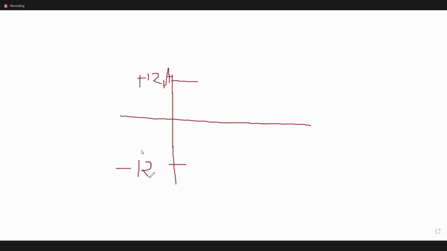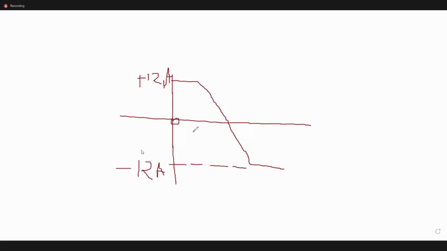Look here. This is a plus 12 ampere current. It is reversed, which means it goes to minus 12 ampere in 10 seconds. So plus 12 ampere gets reversed to minus 12 ampere.